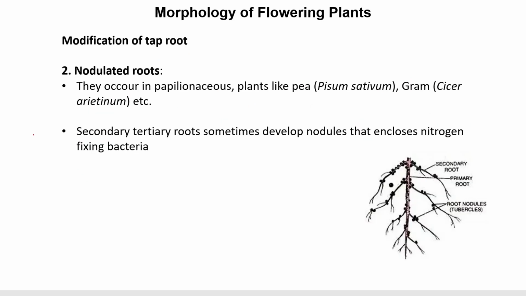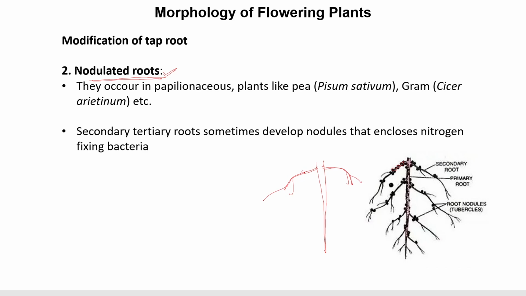Now, they also form nodulated structures, and that is why they are called nodulated roots. This is very, very important. Roots form nodules like a structure. Here you can see nodules like a structure. So if this is a taproot, it gives rise to secondary roots like this, and later it gives rise to tertiary even.